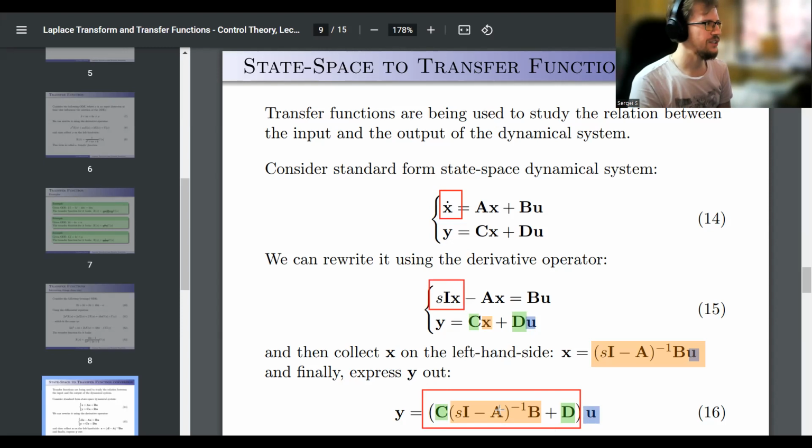This formula, you will see it often in textbooks, and it would look mysterious. It would be like c times (sI minus A) inverse times B plus D. You look at it and you would think this is something like arcane knowledge, mysterious, requires deep study of control theory to understand.